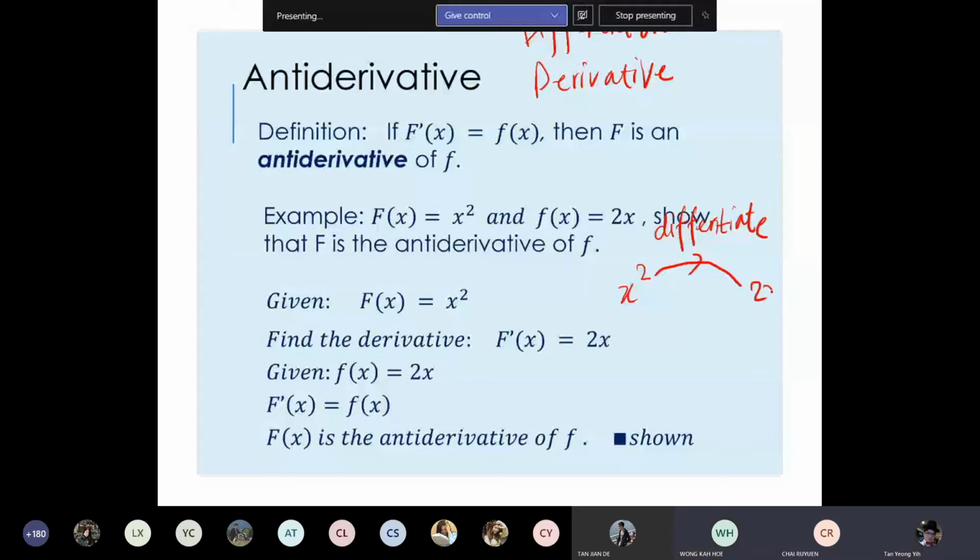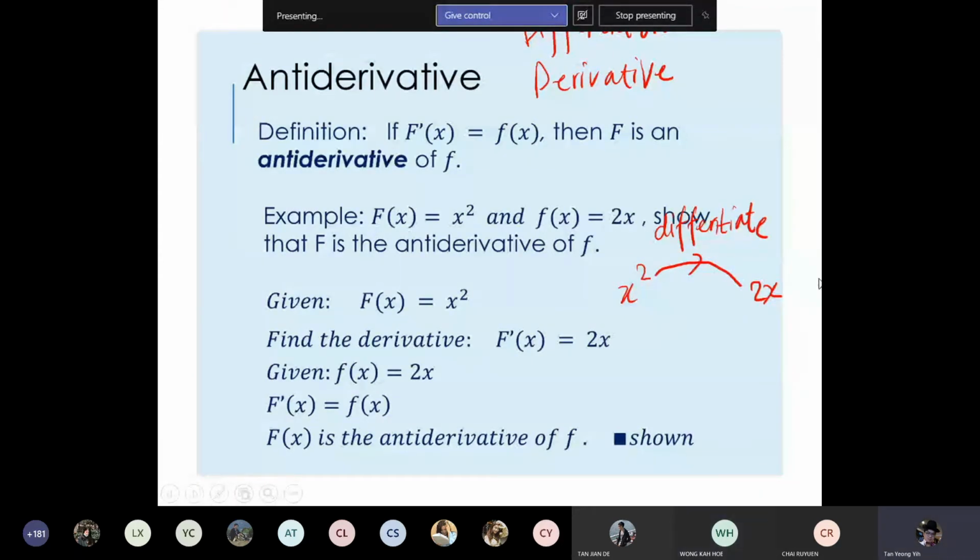Okay, good. Thank you. This process is called differentiation, the action, the operation, where we bring the 2 down and the power minus 1.